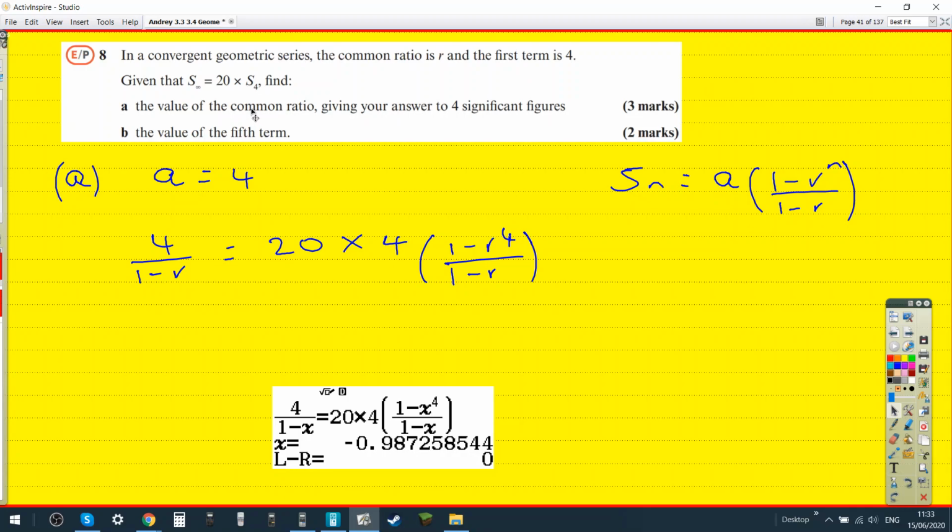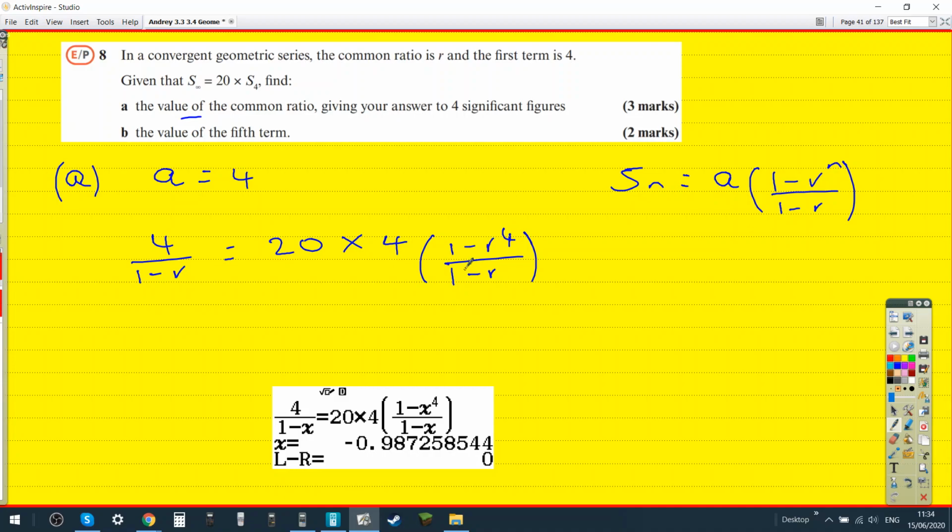Oh, first term is 4. Let's see. Bad question. They should have either said values or they should have said something like all the terms are positive, because there are multiple answers, just like with the previous one, because it's r to the 4.